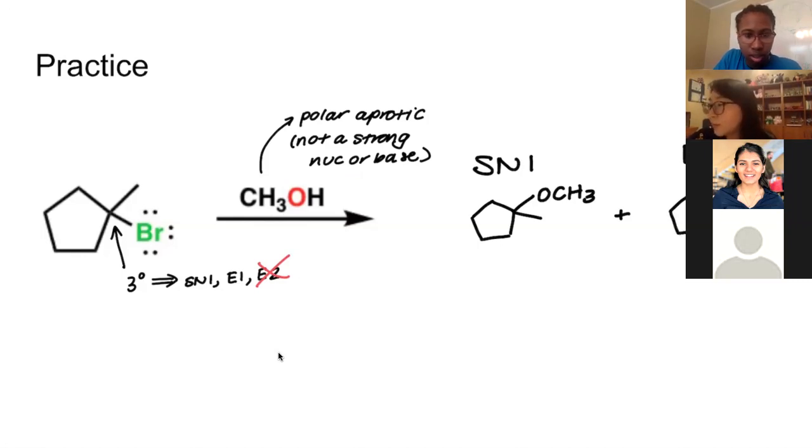This would be an example of a reaction where you have these two pathways coming in pairs. And if you remember, like Sydney just said, E1 will be favored if there's heat. So if, for example, I put heat here, then you would favor the E1.